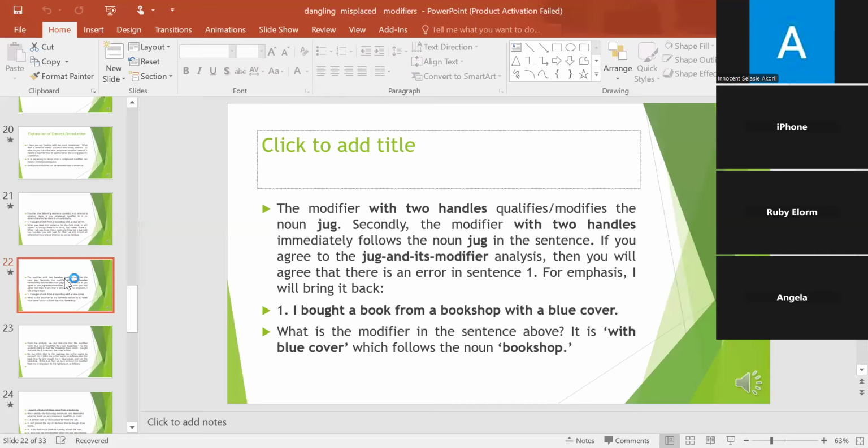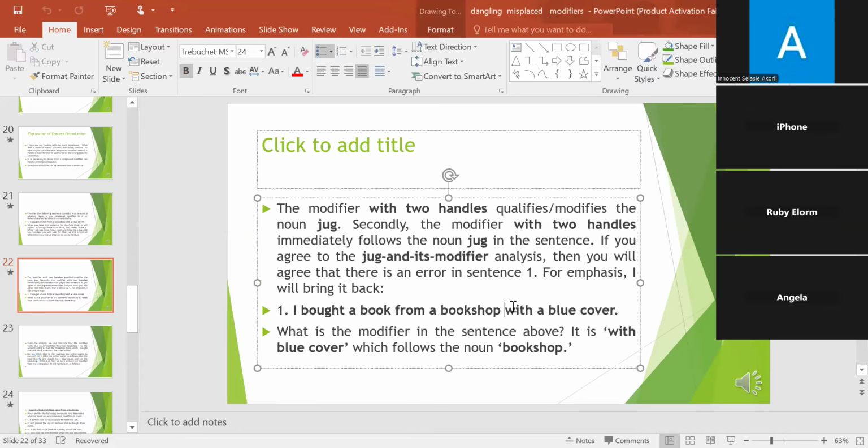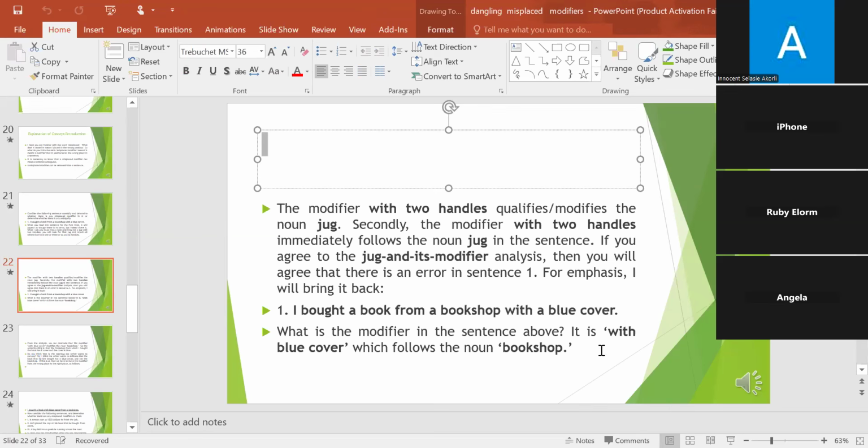Now, when we come to this place, I bought a book from a bookshop with a blue cover. Here, the prepositional phrase with the blue cover follows the word bookshop. So the understanding is that there is a bookshop and it has a cover. The cover is blue.